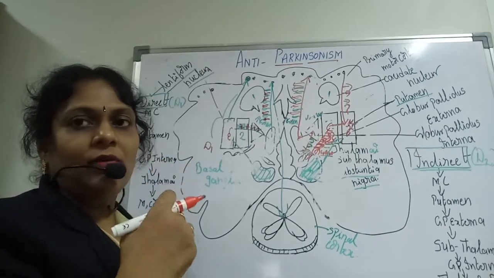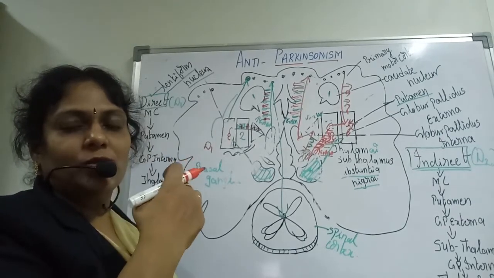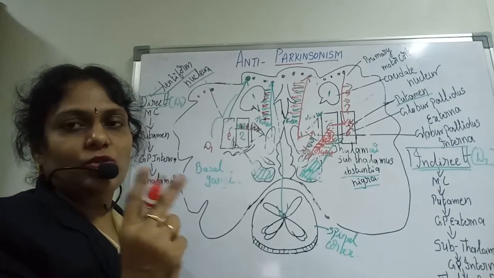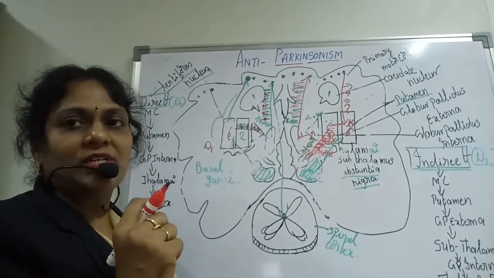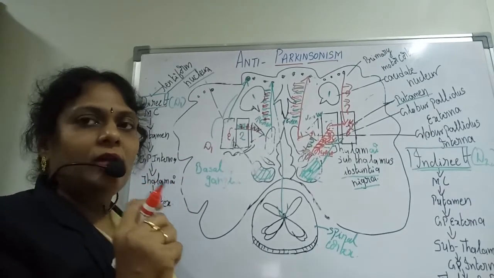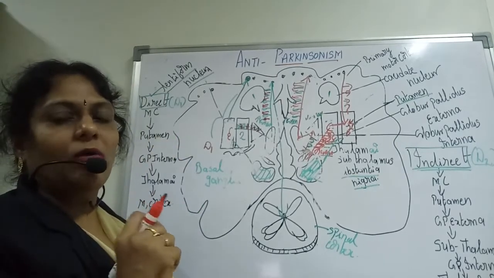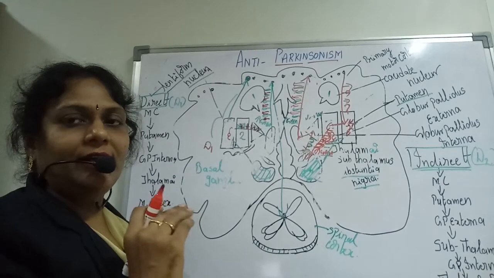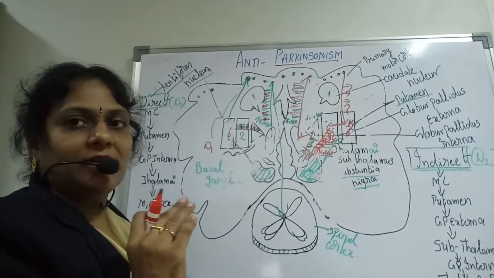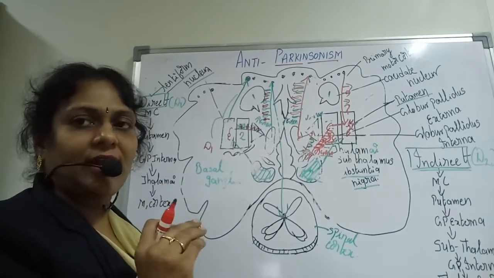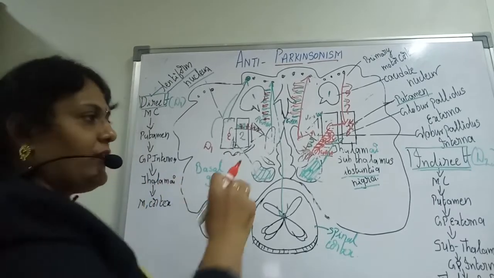The synthesis and the metabolism of dopamine is done by these enzymes, COMT and MAO. So this is the cycle of dopamine traveling all over the brain, and where it is obstructed by the decrease of substantia nigra and also the increase of ACH.